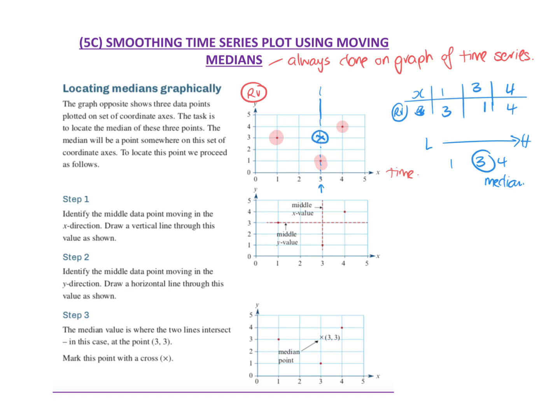You can see when I do 3 median smoothing, remember yesterday when we did 3 mean, we lost the first one. So my first smooth value will be on the second point, or my second X value. It does become easier.